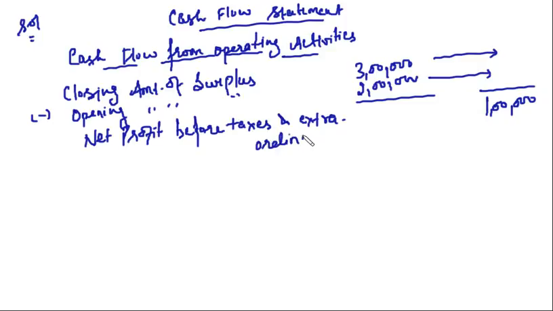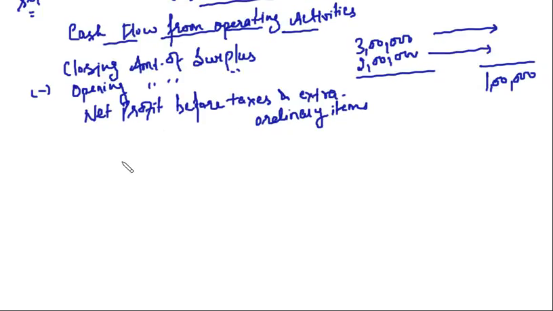That's why I'm saying that first of all identify the items in the question, which are to fall in which category, whether related to net profits, whether related to working capital changes, whether related to non-cash non-operating items. So the first step should be to identify the items under the 3 steps. So now we have got the net profit before taxes and extraordinary items.